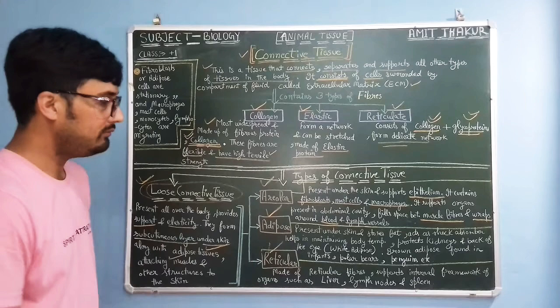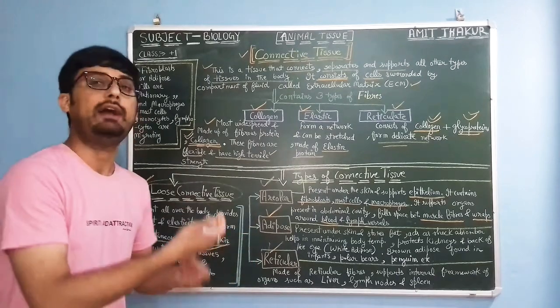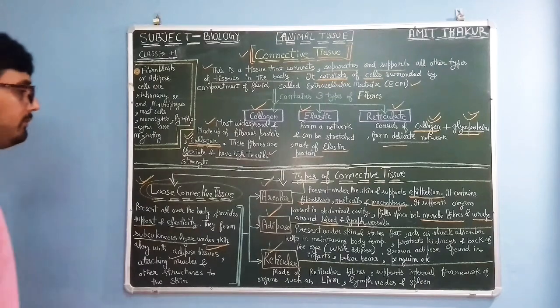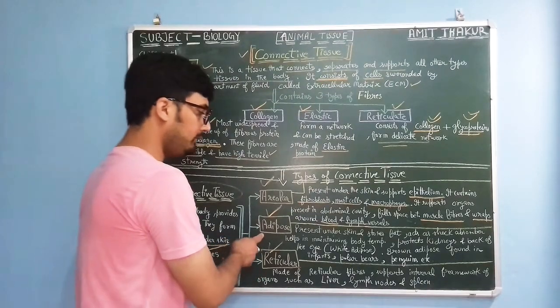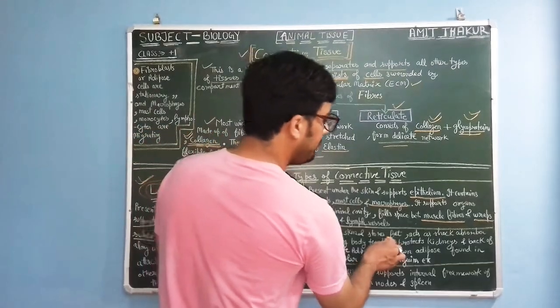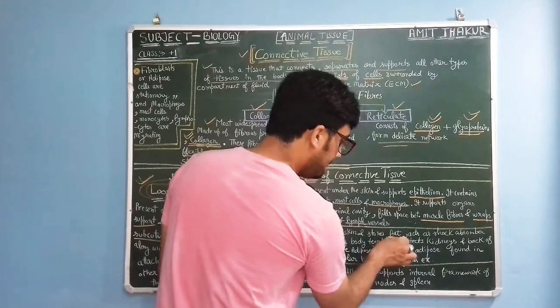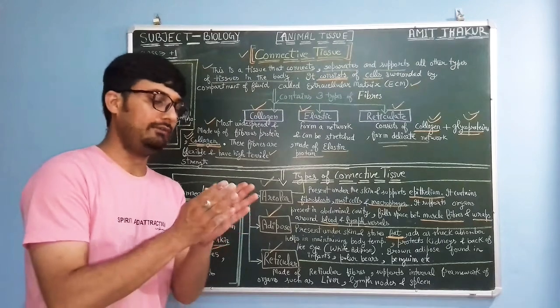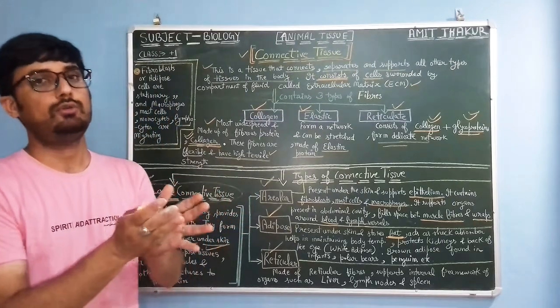Then adipose tissue, जैसे कि आप लोगों ने पहले पढ़ा इसके बारे में, fat tissue कह लीजिए इसको. So adipose tissue is present under the skin, it stores fat and it acts as a shock absorber. जितनी ज़्यादा फैट लेयर होगी वो उतना अच्छे से शॉक को absorb कर सकता है.